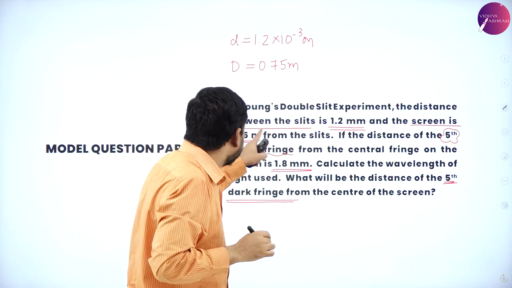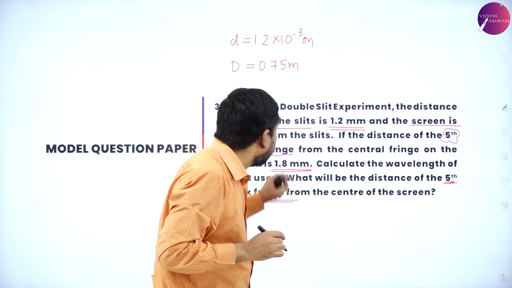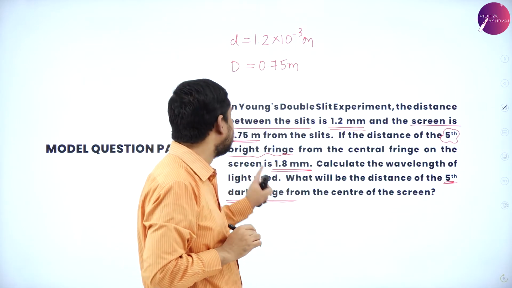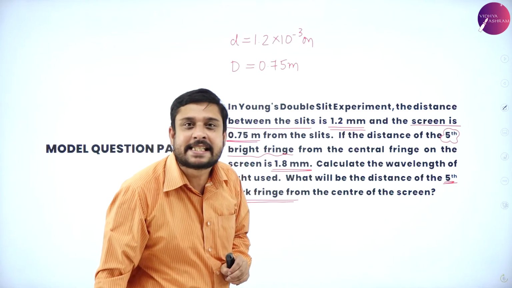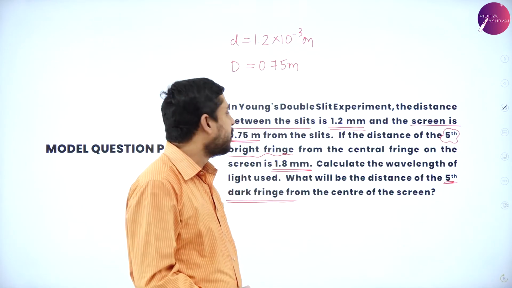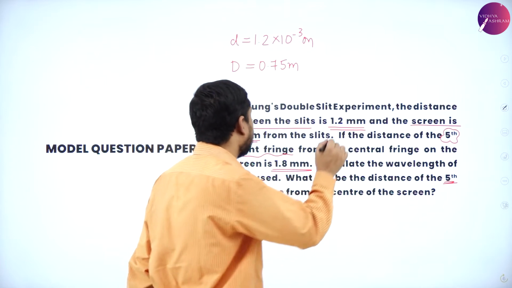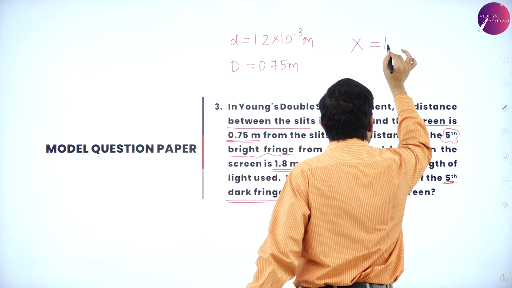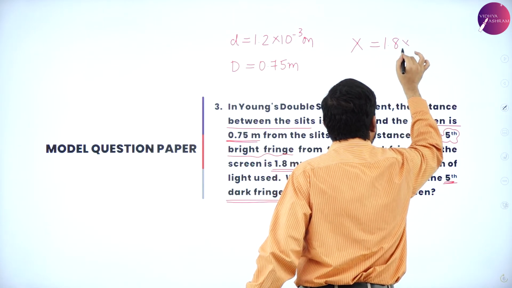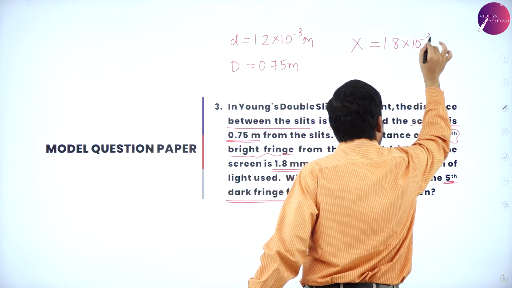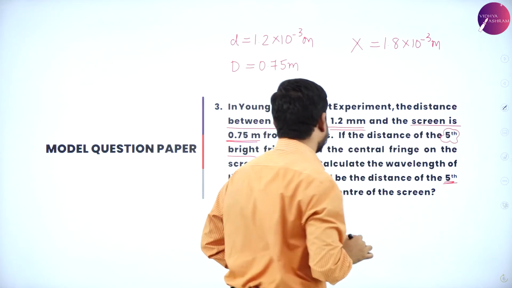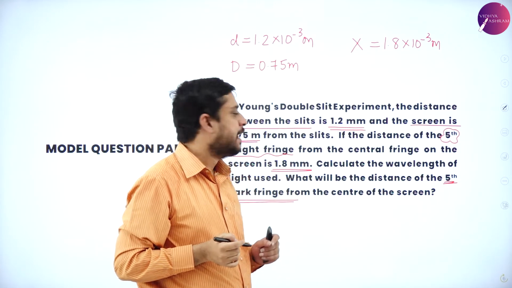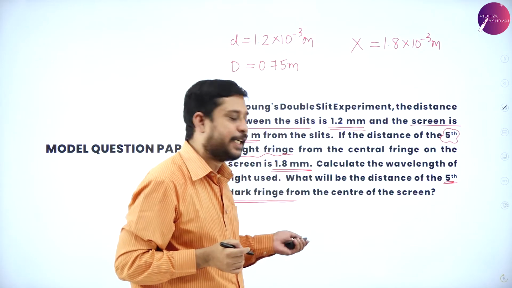The fifth bright fringe from the central fringe is at a distance of 1.8 millimeter. We take that as x, which is 1.8 into 10 power minus 3 meter. First, I will calculate the wavelength of light used.